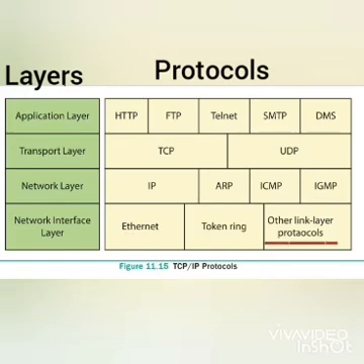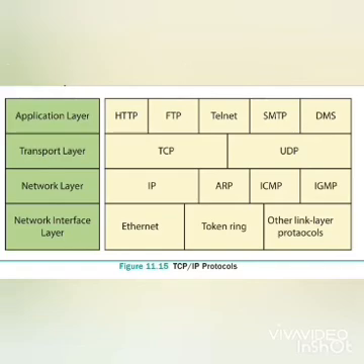Ethernet and Token Ring protocols are for local area networks, that is wired network, and for wide area networks it uses protocols such as X.25, frame relay and ATM. So for wired network it uses the protocols as Ethernet and Token Ring, and for a wireless network it uses X.25, frame relay, etc.